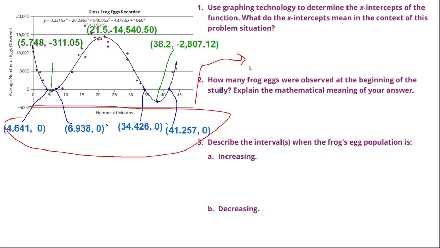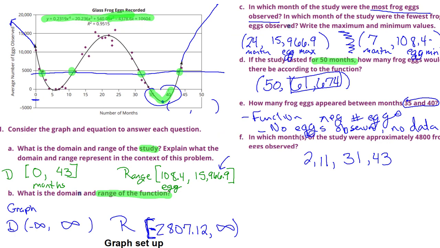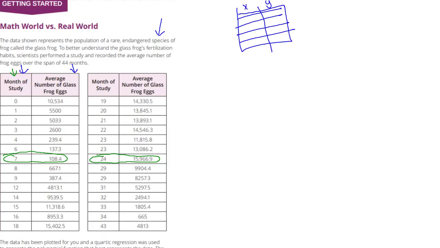How would we find out how many eggs were observed at the beginning of the study? So how can we find that number? You could either find the y-intercept, or you can go to your data and take that number.